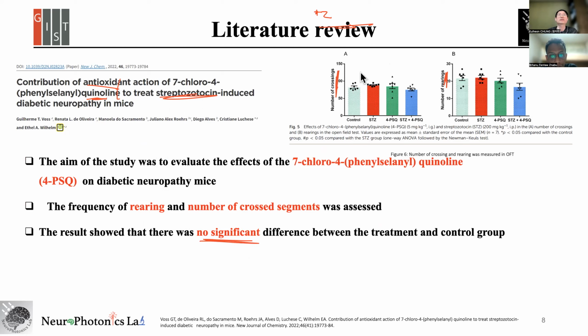I mean, the comment is the same, but if we say just crossing segments, we don't know what it means. Do you mean you divide the field into maybe 4 segments? Yeah, in segments, and then count the number of times they are moving through segments.